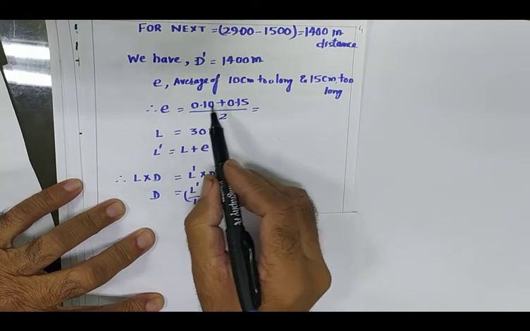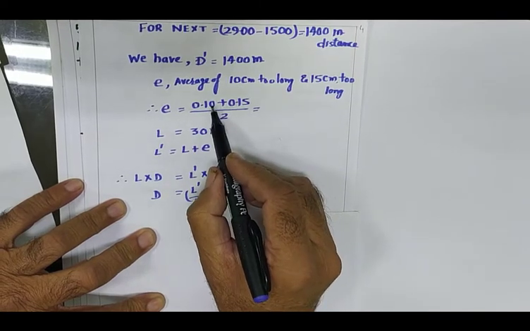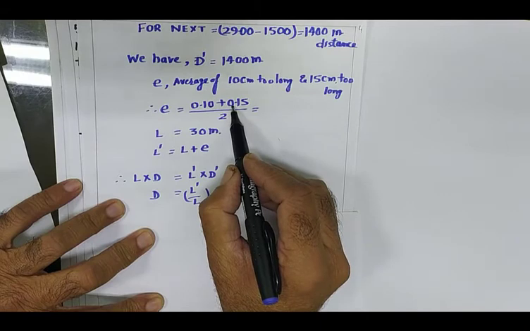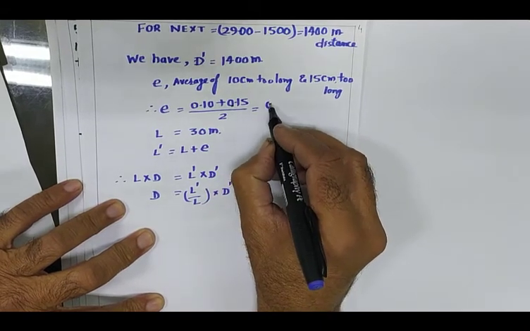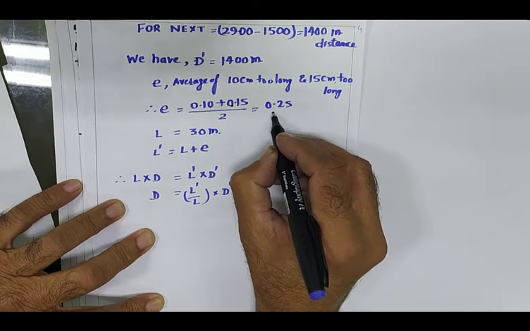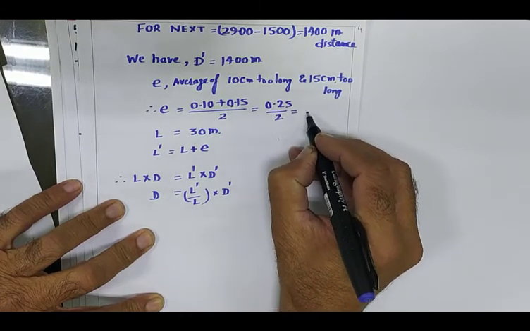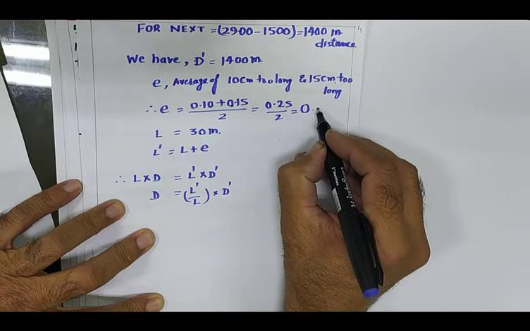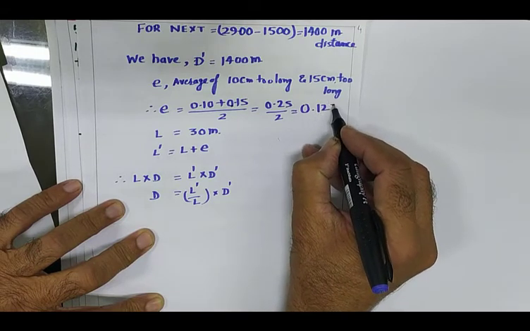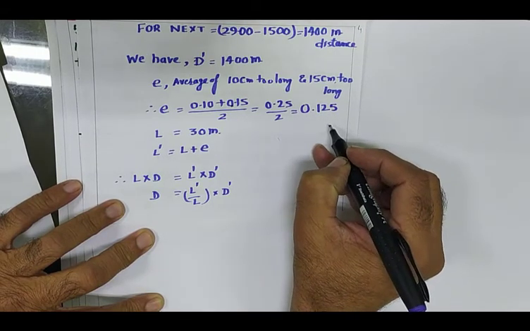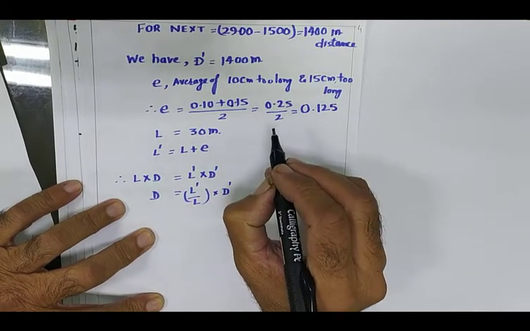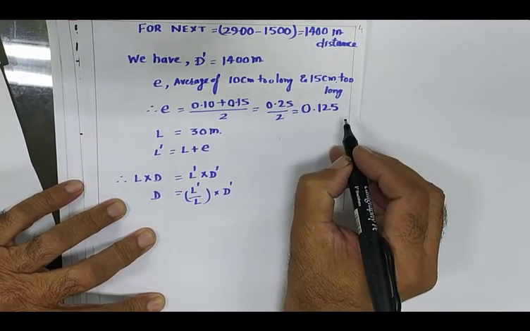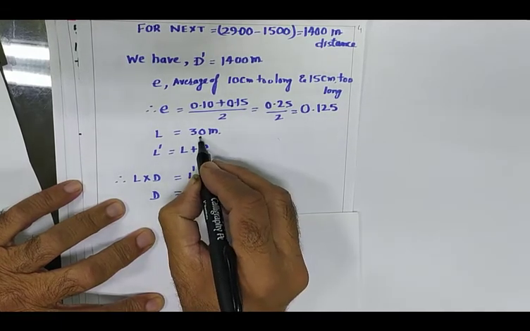Error is calculated by the average of first 10 centimeter too long, then last one 15 centimeter too long. So this comes to be 0.25 divided by 2, and this comes to be 0.125 meter, the value of error. Again, this error is positive because this chain is too long.